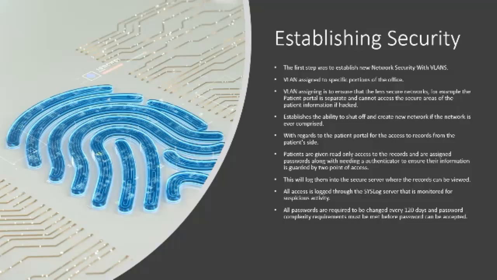Access again is, and I cannot stress this more, on the system log server that is being monitored. Any suspicious activity will be found, and this is where we address any violations. Passwords are also changed every 120 days and must have a complexity requirement, or they will not be accepted.